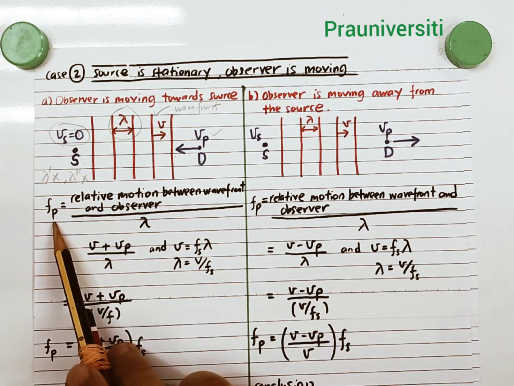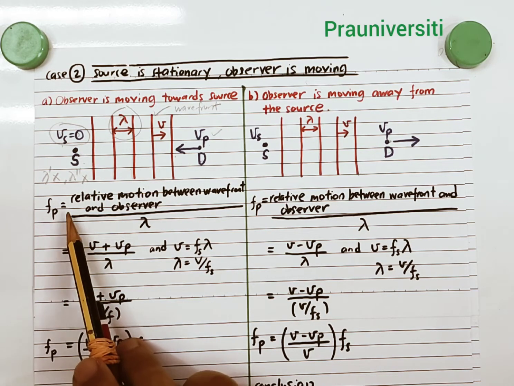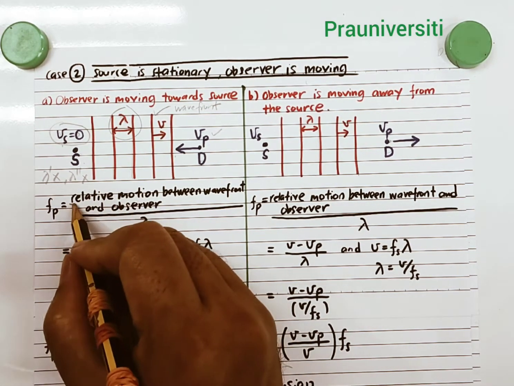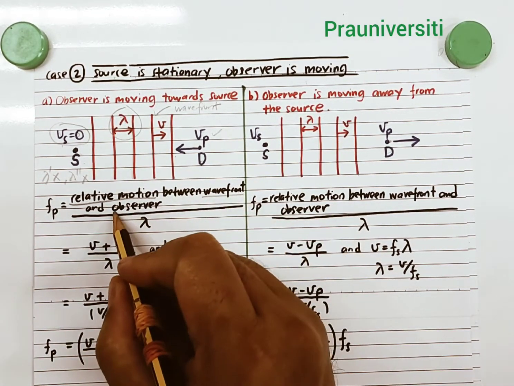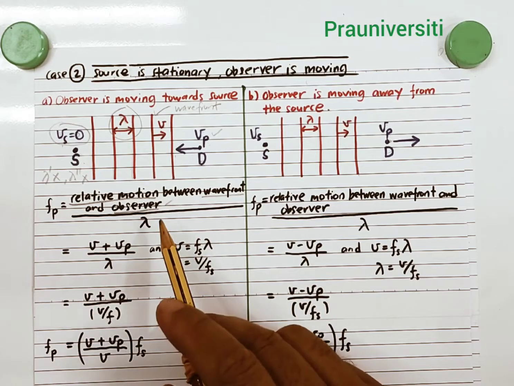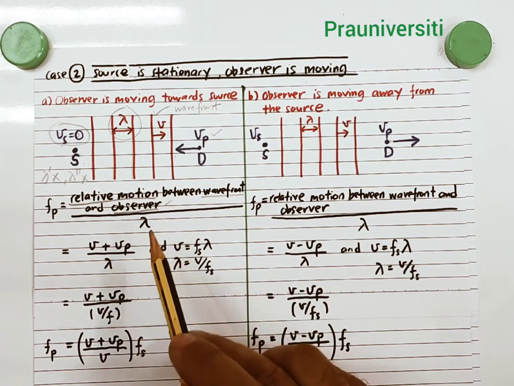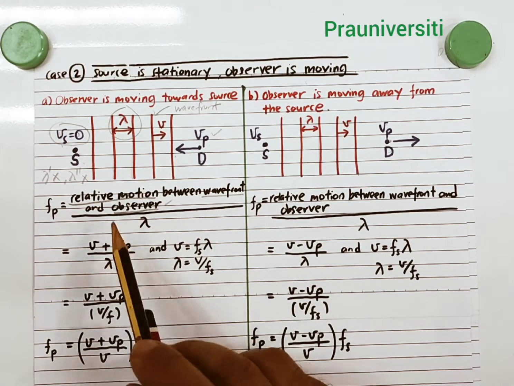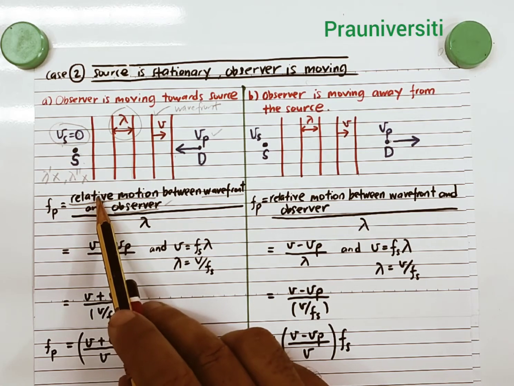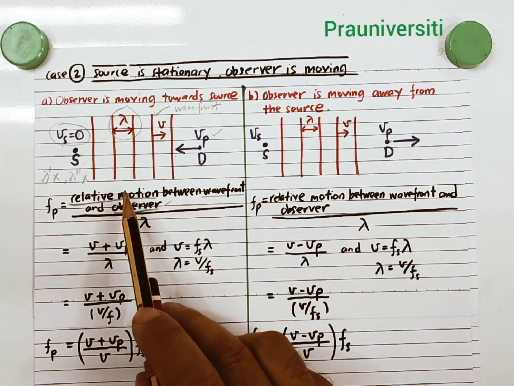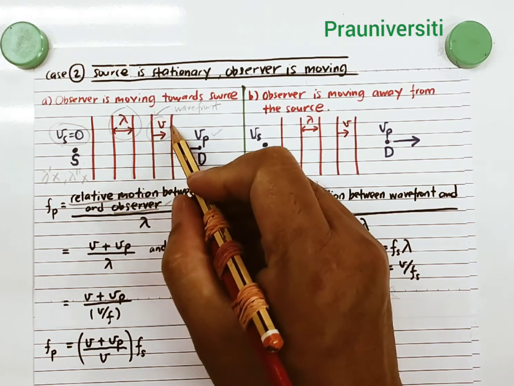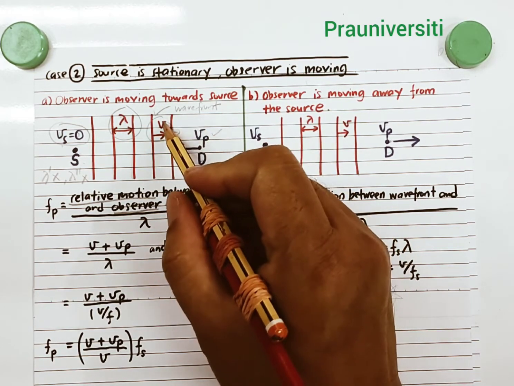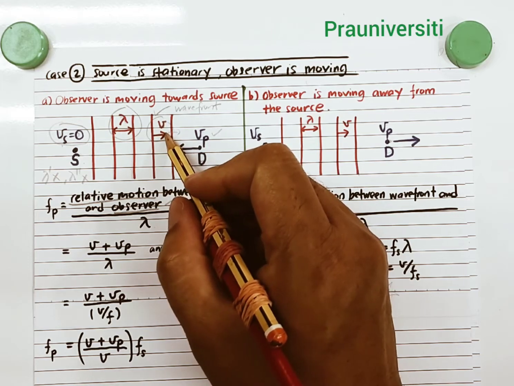So then we go to Fp, the apparent frequency, which is as usual the relative motion between the wavefront and the observer, over the lambda. So be careful here. We need to understand the relative motion in this case. Here is the Vp, and here is V, the speed of sound.